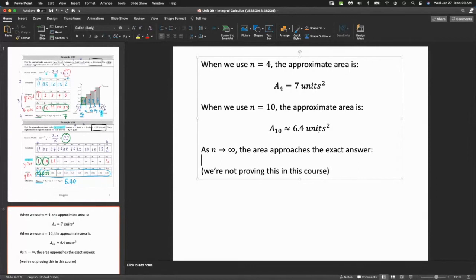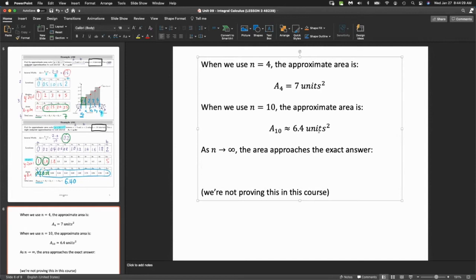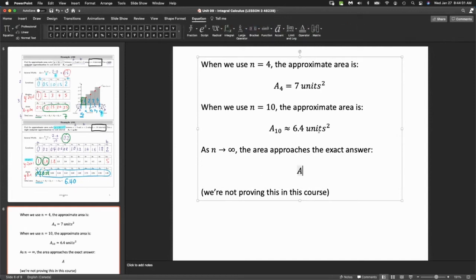But what is the exact answer for the area? Anybody want to guess what the exact answer is? That's right, Sean. The exact answer is 6.